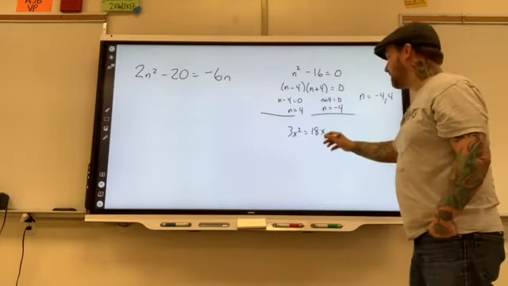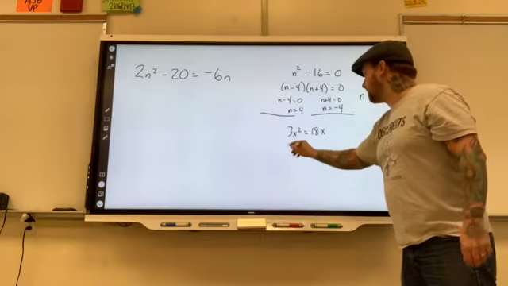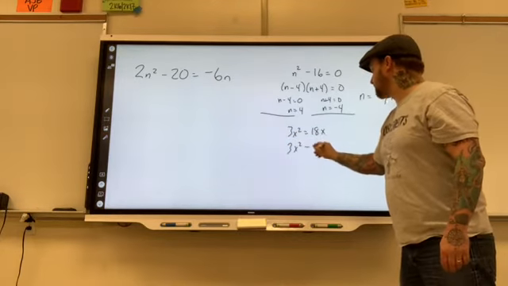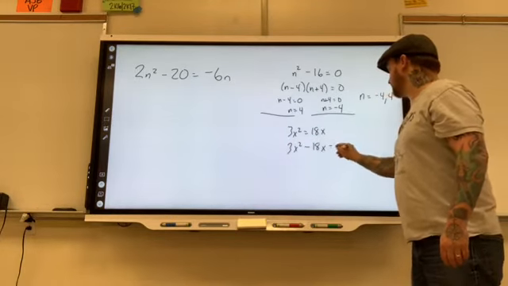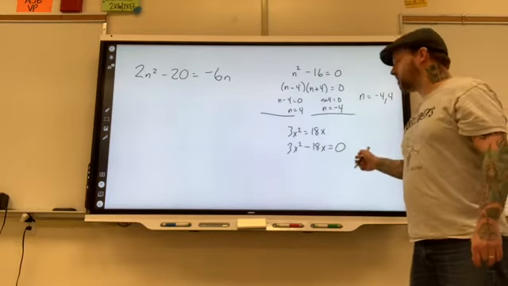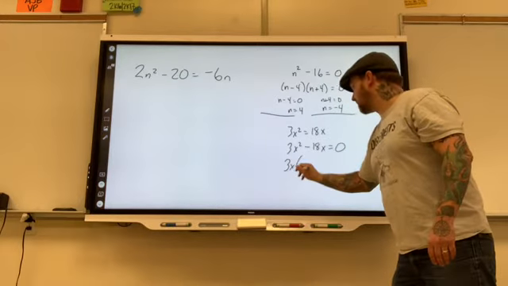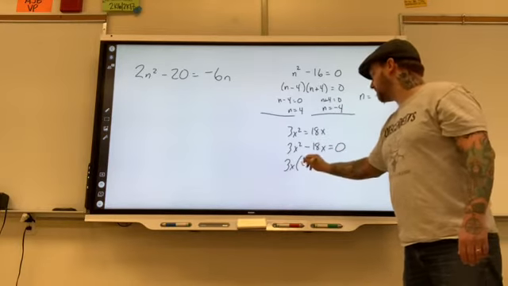Instead, let's put one side equal to 0. So 3x squared minus 18x equals 0. Factor out the 3x. And what are we left with?